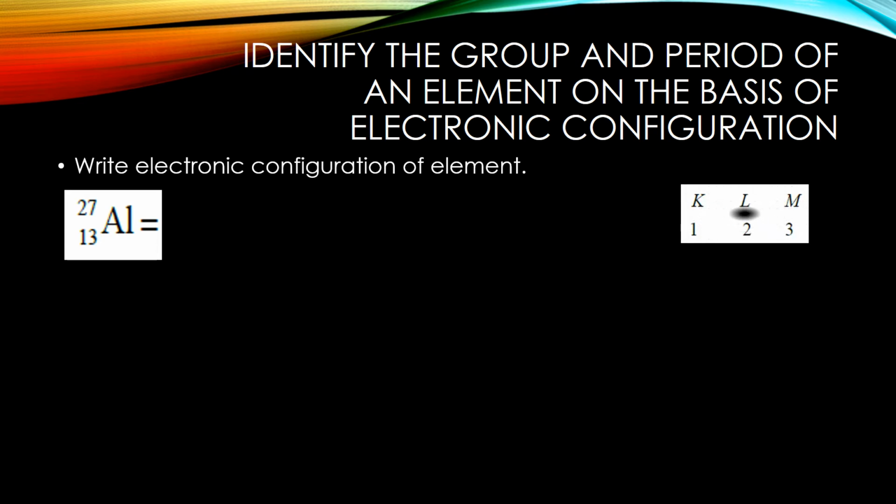As you are well familiar, we consider the shells. The first shell is the K shell, the second shell is the L shell, and the third shell is the M shell. Now we will categorize the electrons in these shells. The first shell, the K shell, contains only the s orbital, and the s orbital can accommodate 2 electrons.